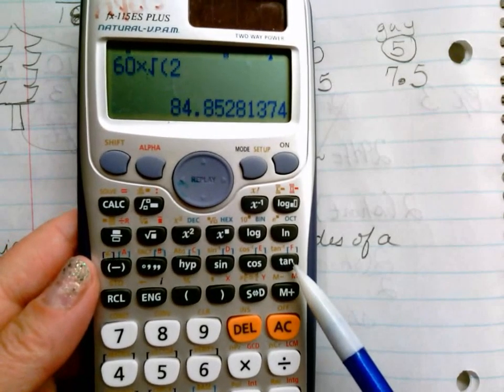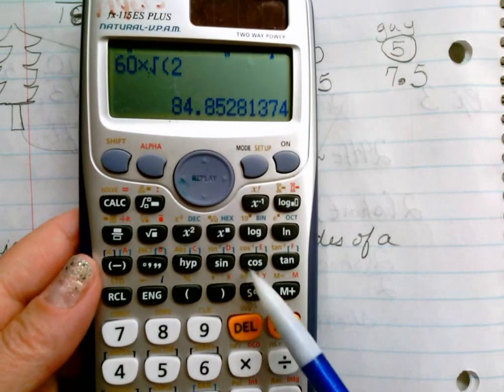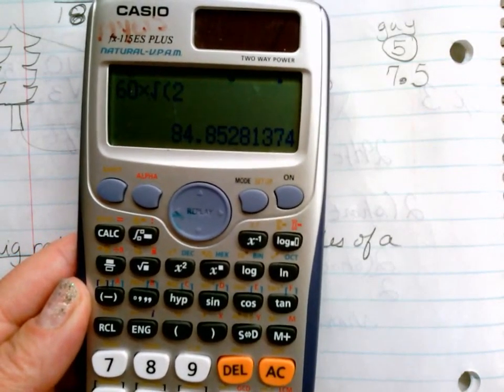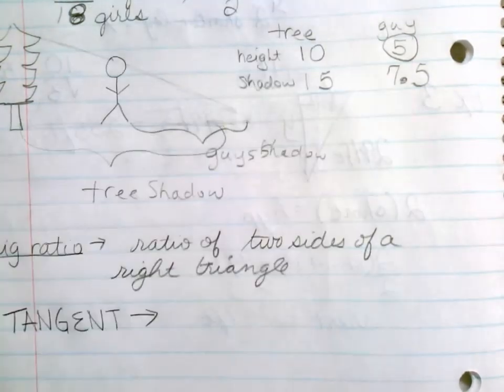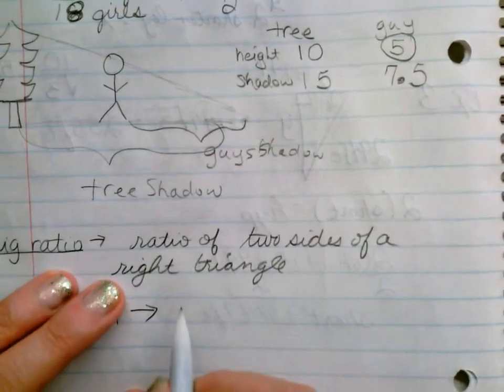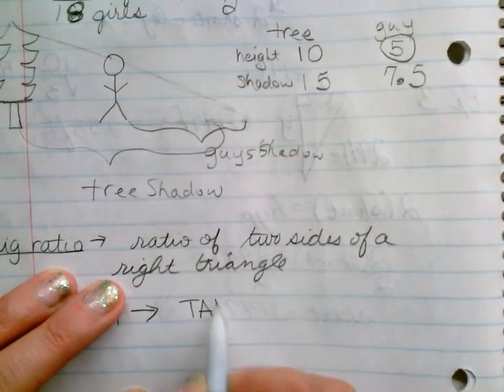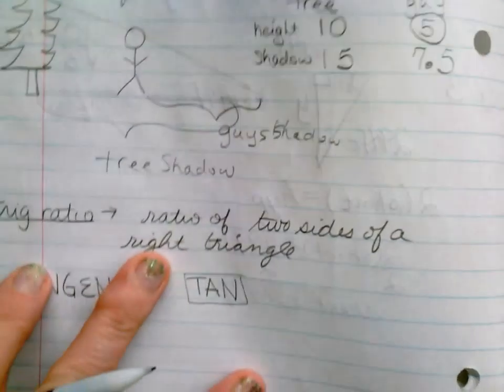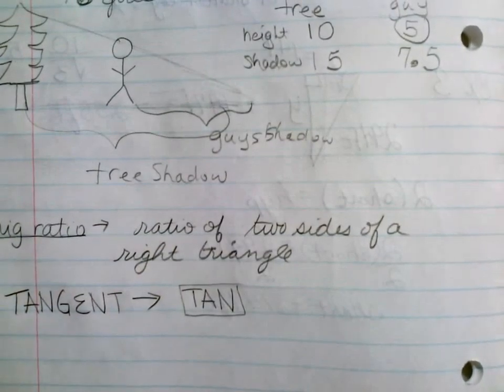There's my tan button. There's also sine and cosine, and you will learn more about those. Anyway, tangent. On your calculators, it says tan, and you will more often than not see items just written as tan.